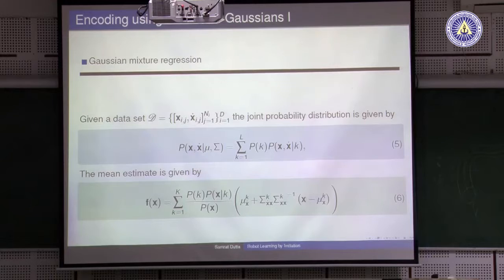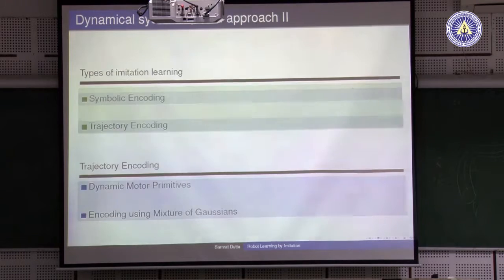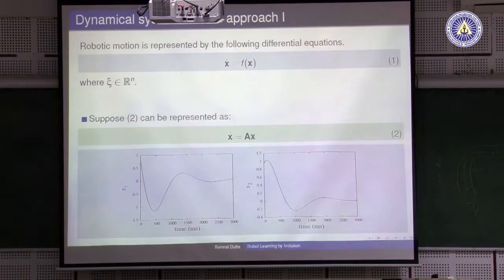Okay. In Gaussian mixture based approaches, the system is defined as earlier, and the Gaussian mixture model learns this function f(x).